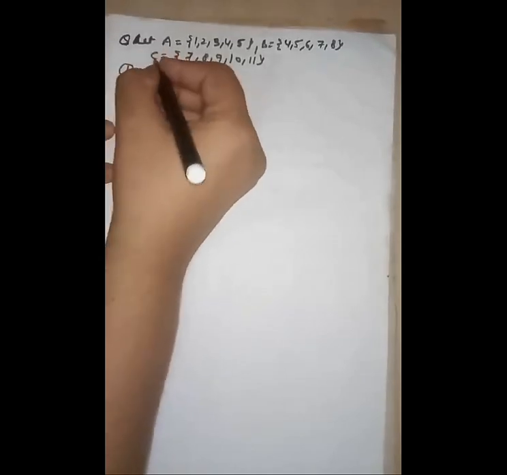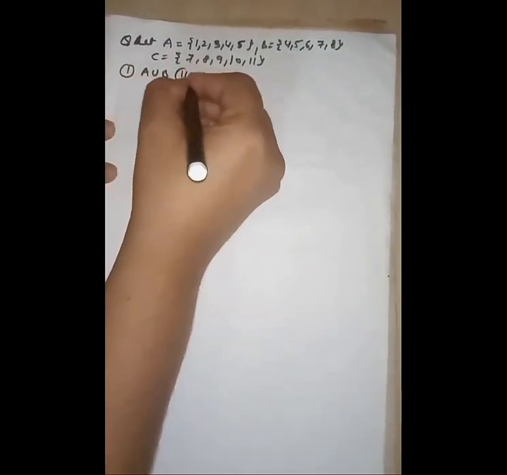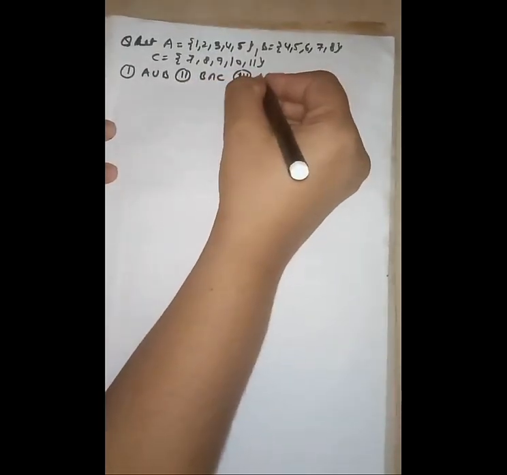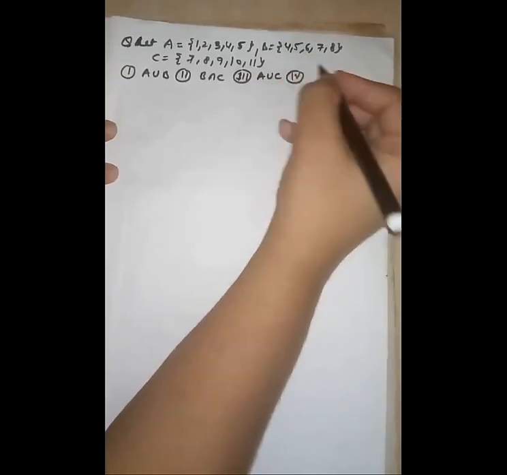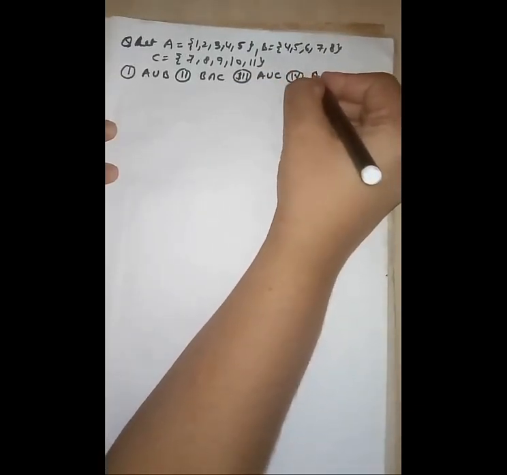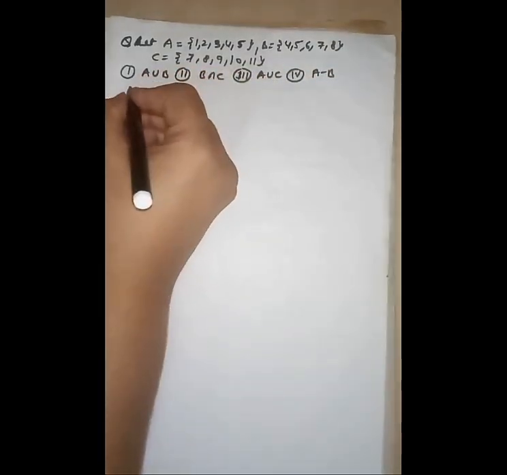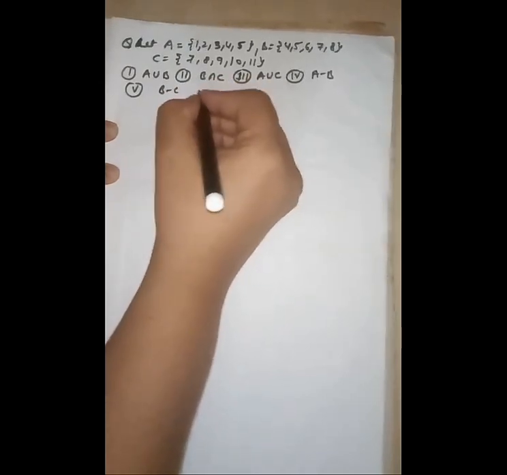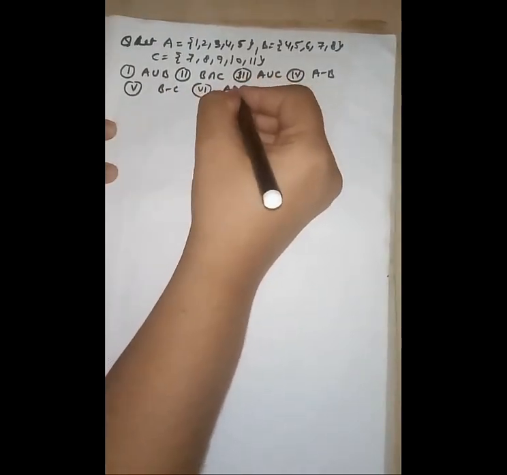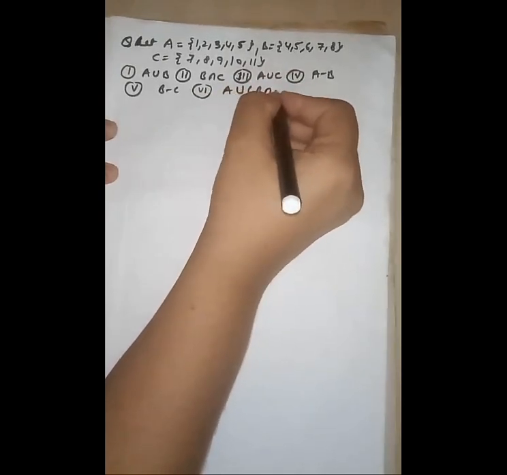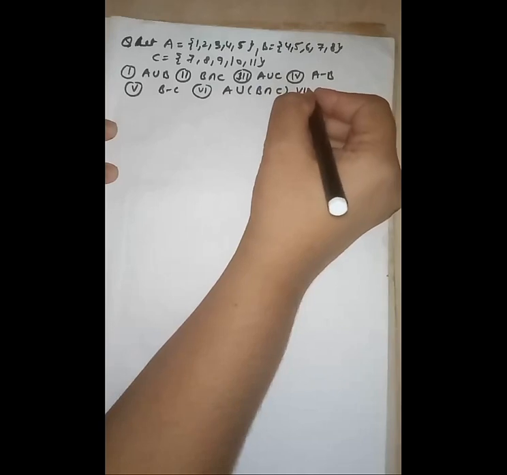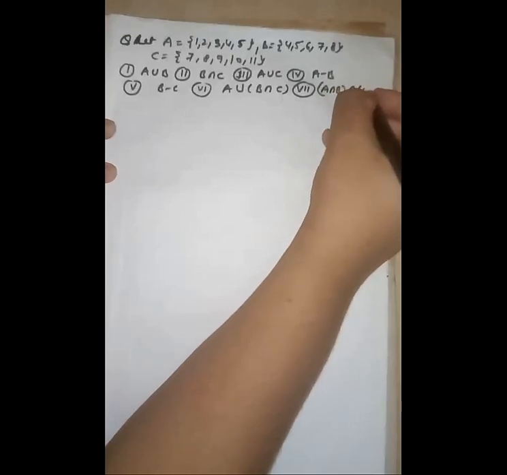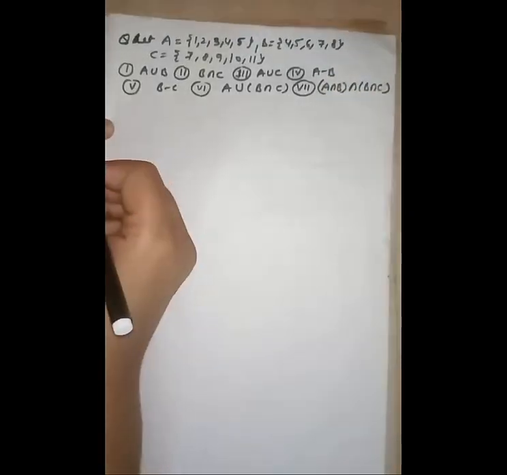Now you can find A union B, B intersection C, A union C, A minus B, B minus C, and A union B intersection C, and the seventh one is A intersection B intersection B intersection C.